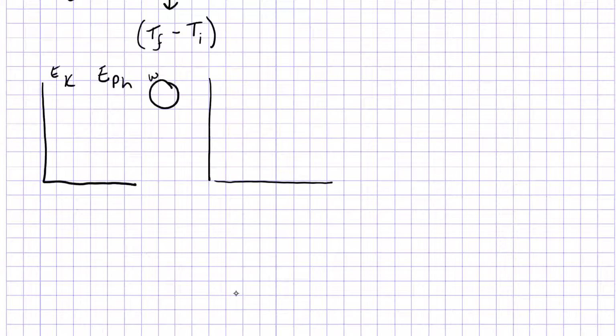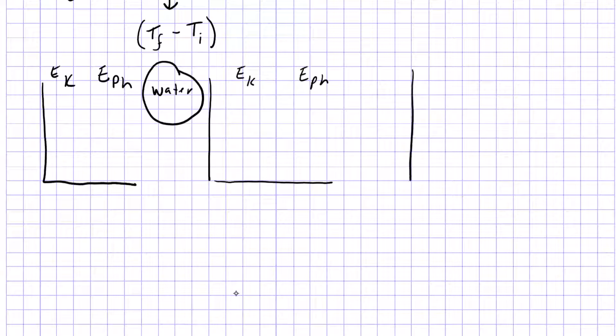So this is my water. I guess I should make that bigger so I can write it inside, because that's what I've been doing in class. So there we go, water. And then I'm going to be talking about two different systems here. I'm going to be talking about the water as a system, and I'm going to be talking about the burner as a system.